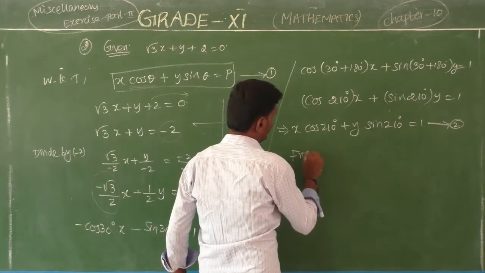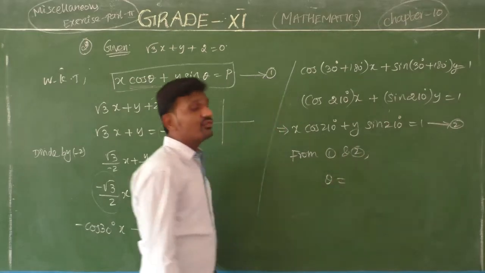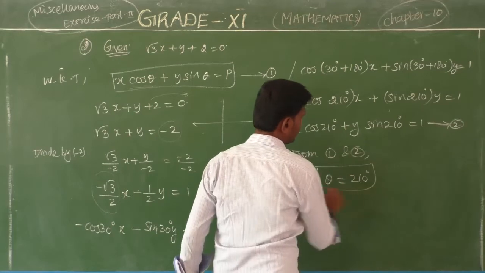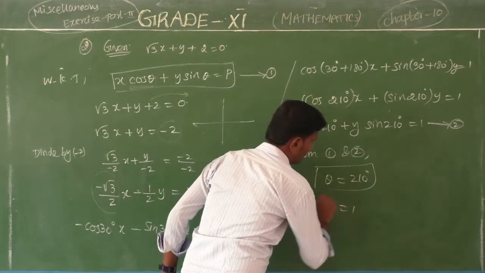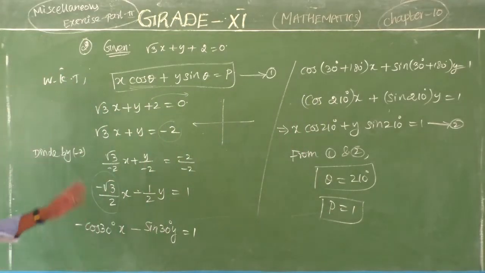From 1 and 2, we get the value of theta equal to 210 degrees, and the distance p equal to 1 unit. Have you got it, children?